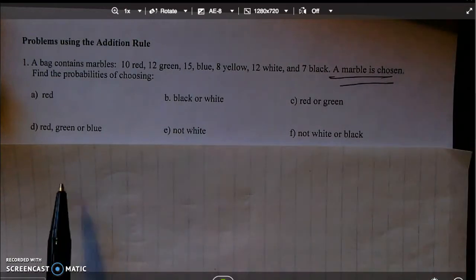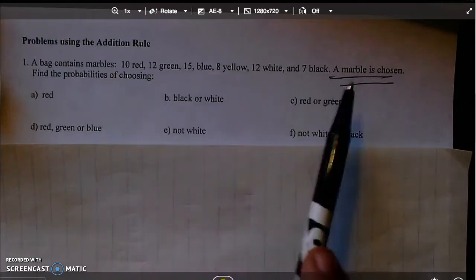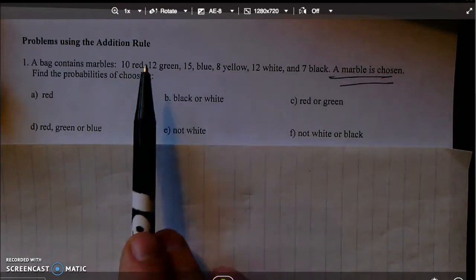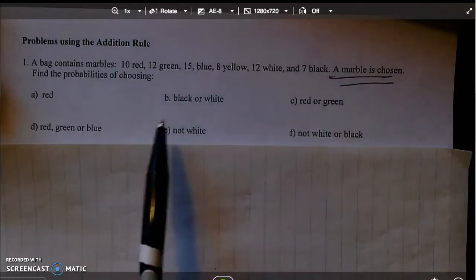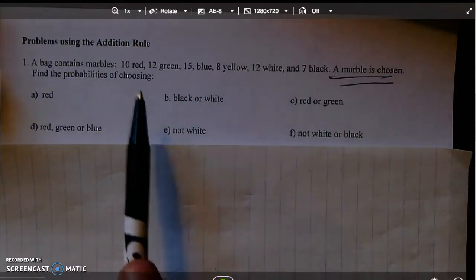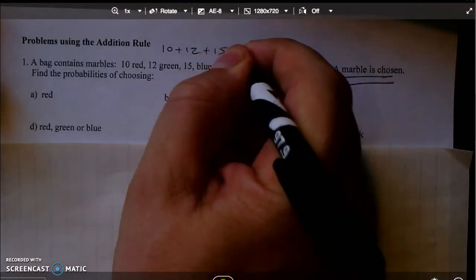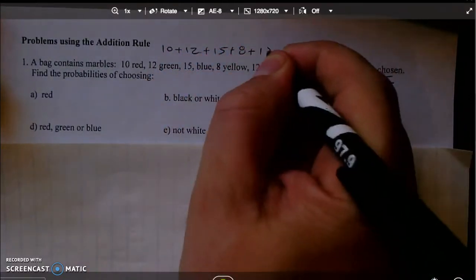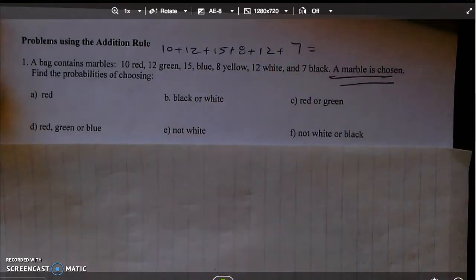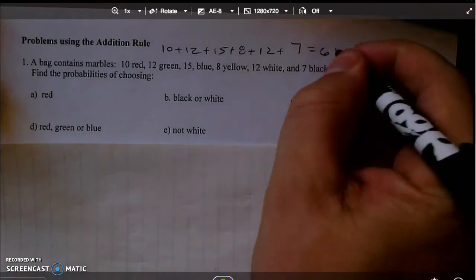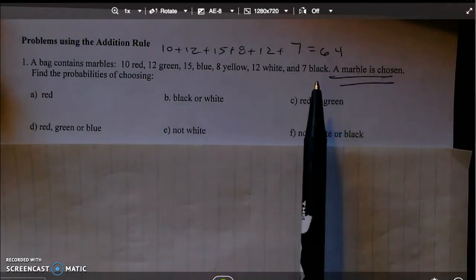All right, so the first thing we need to do with theoretical probability, when we're not doing an experiment, is we need to have our denominator be the total number of possible outcomes. So if I add 10 plus 12 plus 15 plus 8 plus 12 plus 7, I'm going to get 64 marbles in this bag.